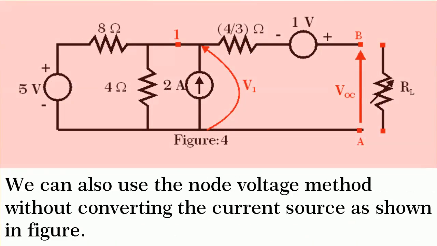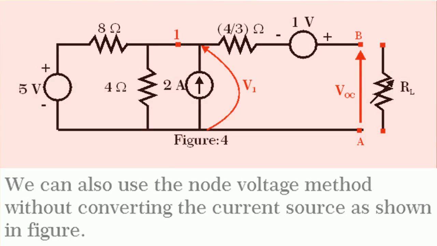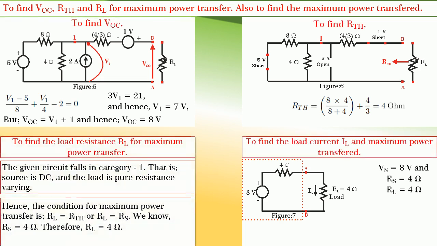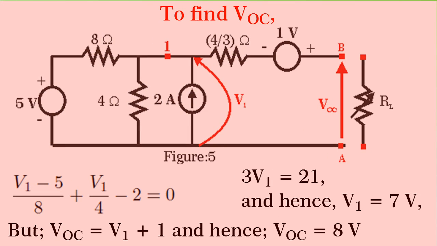Friends, we can also use the node voltage method taking the original network as it is. I will solve the network taking the original circuit itself as it is. You can try other methods and solve, and you see that you must get the same answer.